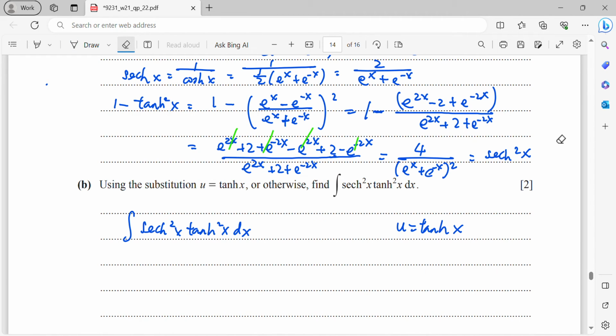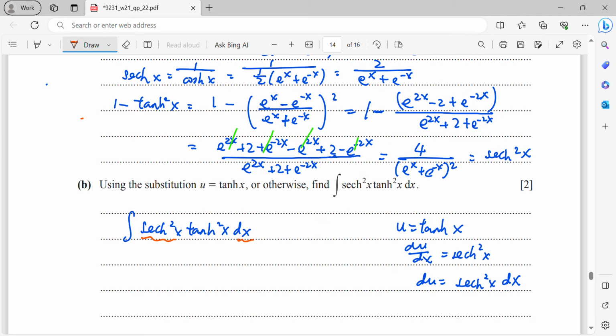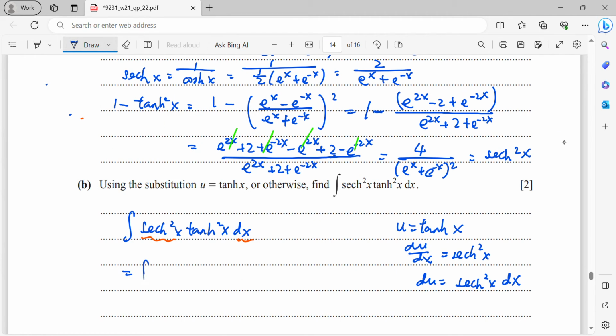So when we get du over dx, this is hyperbolic secant squared x. So it means that du is hyperbolic secant squared x dx. Now from the question, I will combine these two to be du. Which means it will be the integral of u squared du. When you integrate u squared du, it is u cubed over 3 plus c.